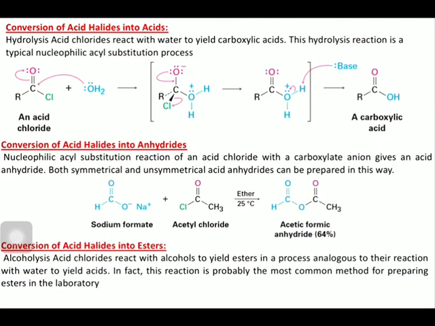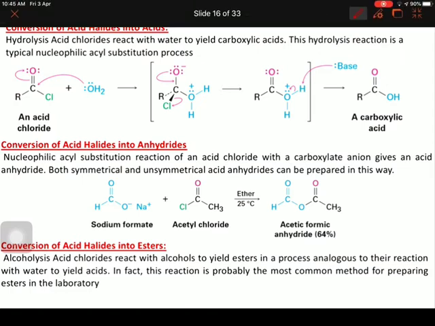Conversion of acid halide into acid: the mechanism of hydrolysis is just a general mechanism. The electron pair of water is going to attack the carbon of the carbonyl, then the double bond of the oxygen is going to open toward the oxygen. We will get a negative charge on the oxygen and a positive charge on the oxygen from water.